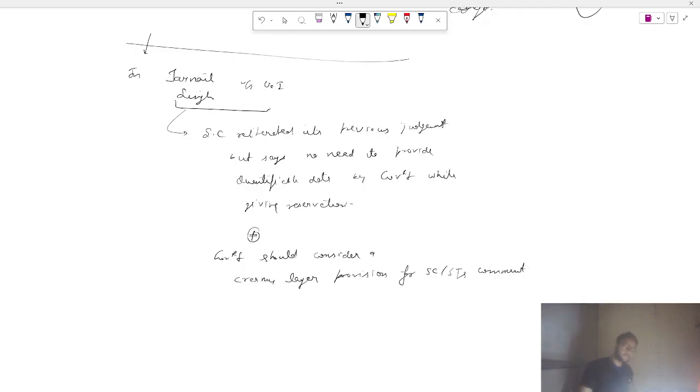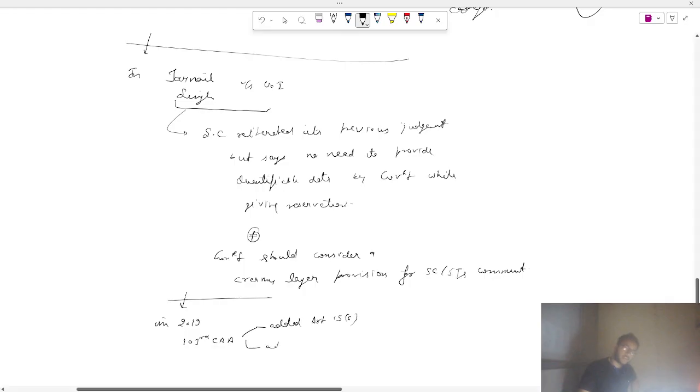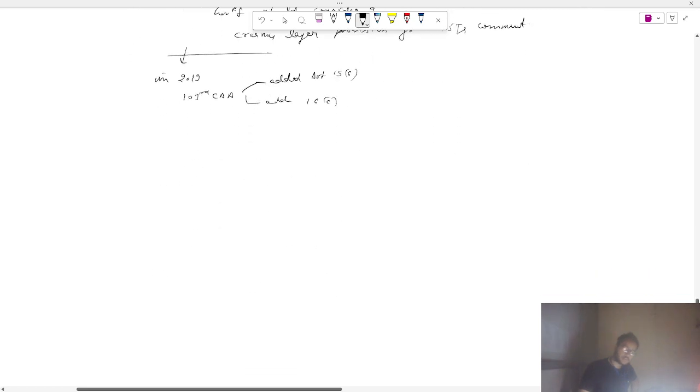So now, in response to that, in 2019, the 103rd Constitutional Amendment Act added Article 15(6) and added Article 16(6). According to these articles, reservation has been given purely on economic basis.